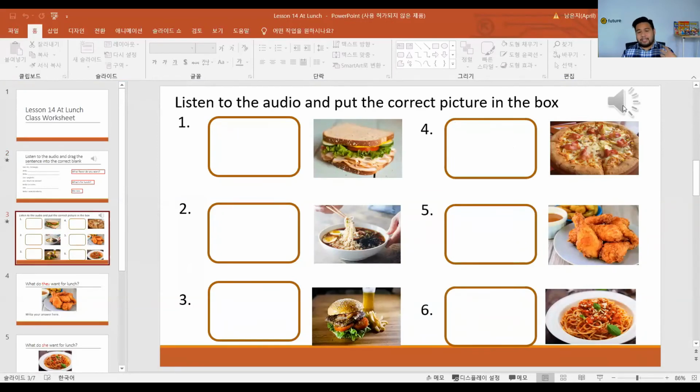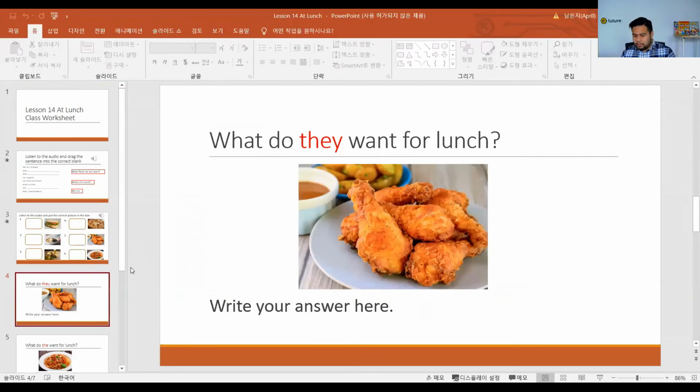So this is practicing their vocabulary. And then they have to drag the picture into the box. So number one was fried chicken. So then they would move the fried chicken into this box. Okay. And then if you want the students to practice writing, we have the question here, give them a picture, and then they can type in, okay?